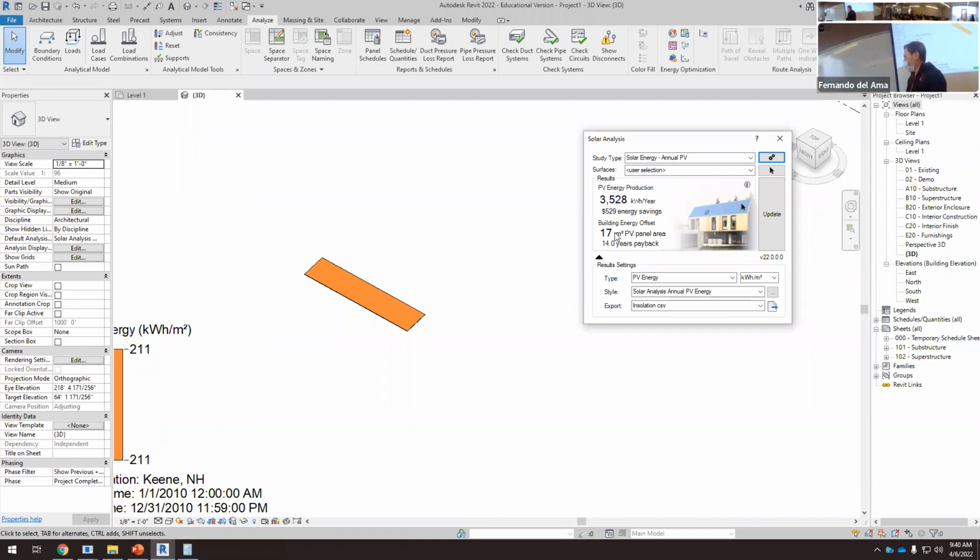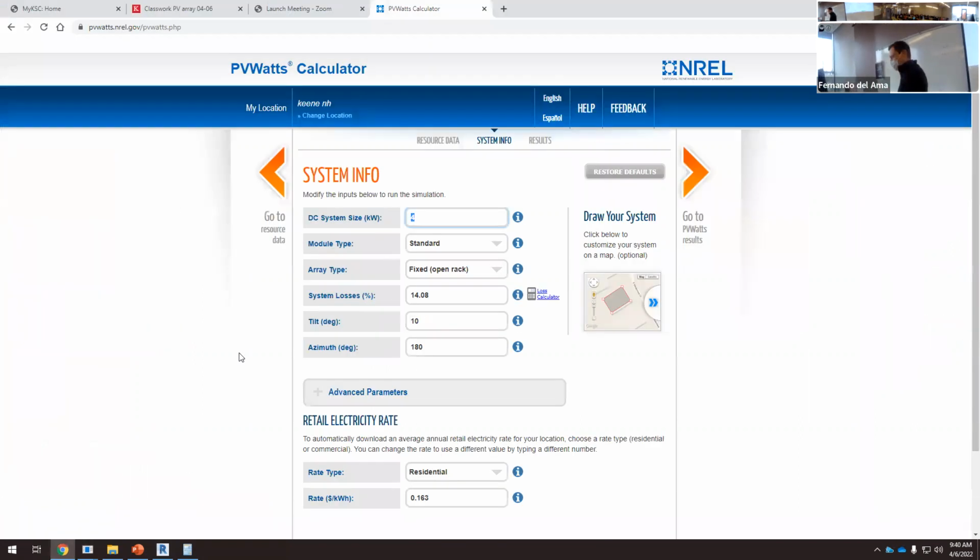That is the DC size, it's 4 kilowatts. Okay, so this is the input in Revit, and this is the output.